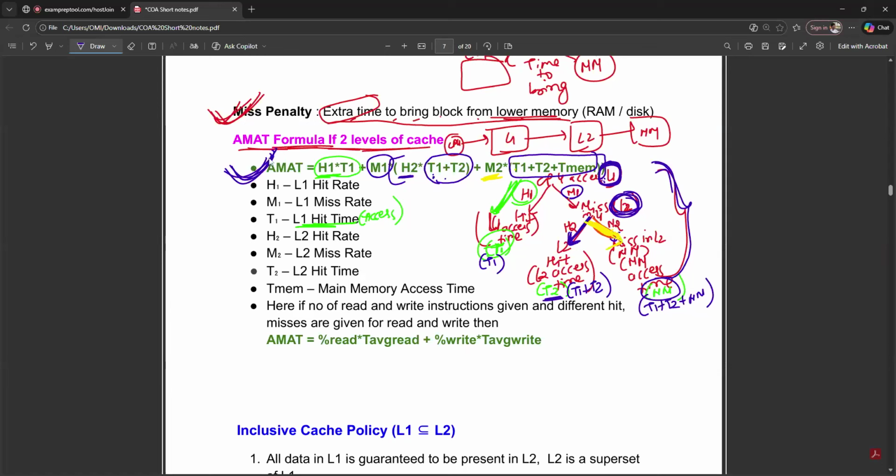No need to remember it. There is no other formula for average memory access time. You can find many different types, like simultaneous access and hierarchical access, but I will tell you that no GATE question asks it, and it is not a standard concept.